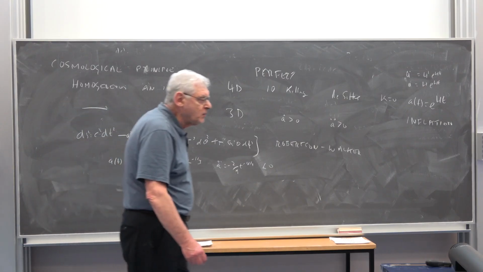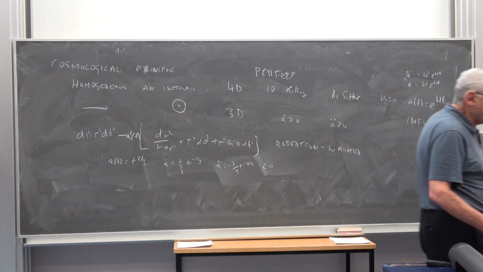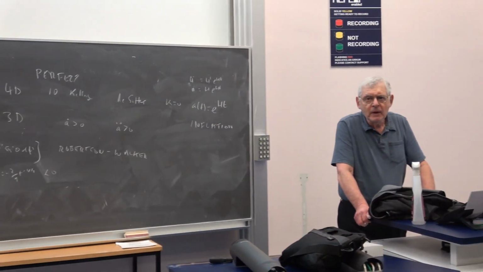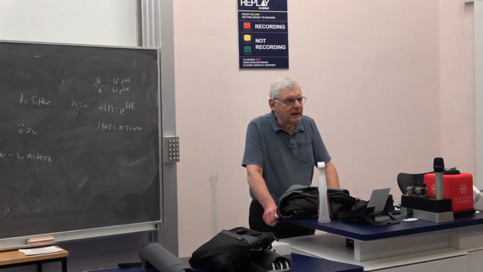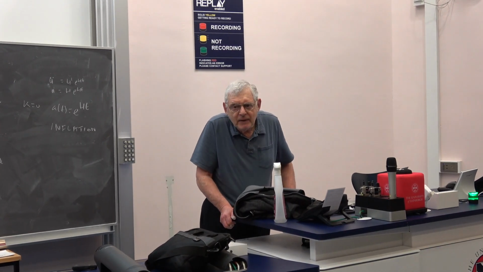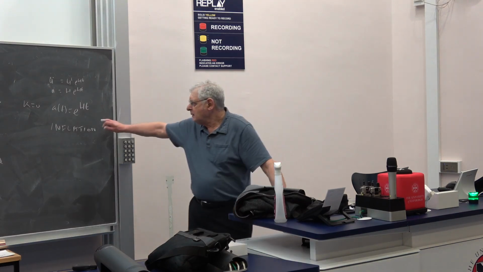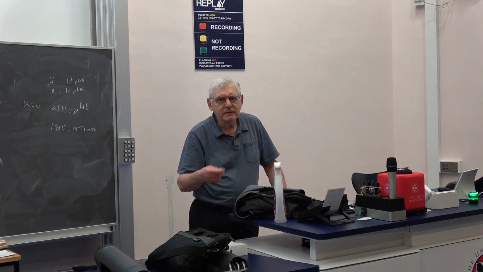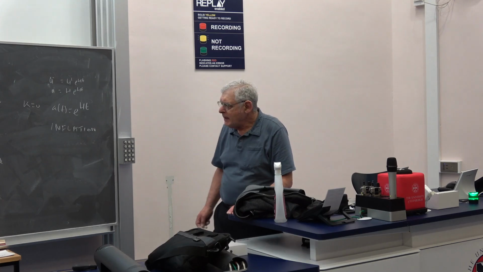So the notion of a Big Bang is the notion that as we go back in time, we will encounter a singularity. If we don't encounter a singularity, then in principle we can go back forever. And so that's basically the origin of the Big Bang theory.